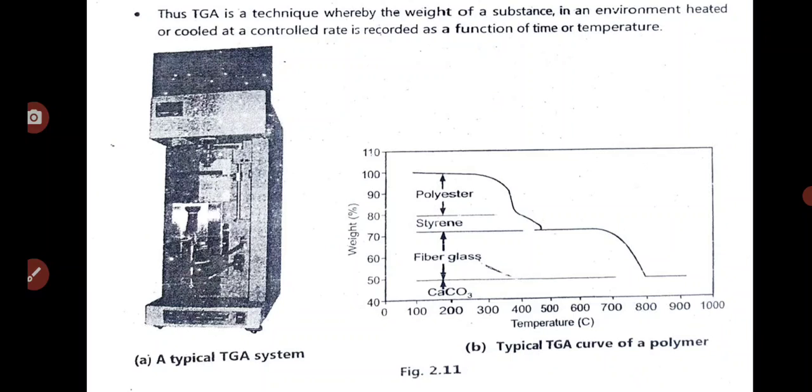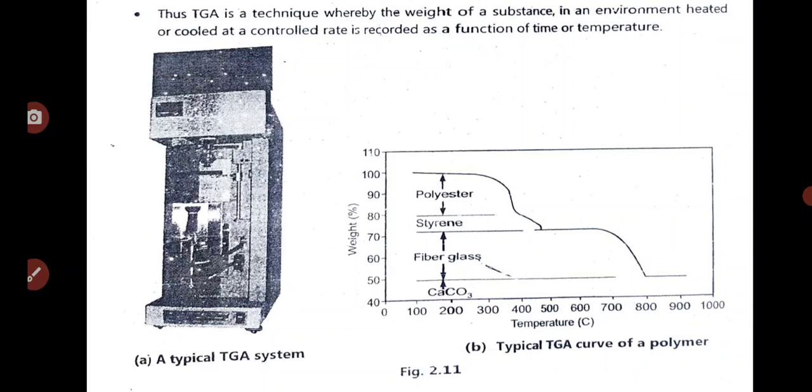If we see this graph, considering CaCO3, fiberglass, terrain, polyester, what is the change if we increase the temperature? The characteristic of the graph is a decrease in weight.